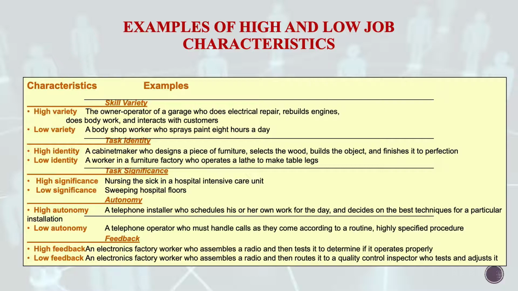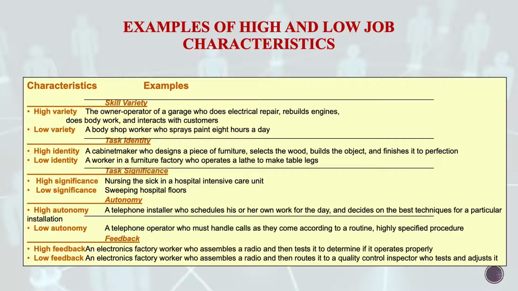In terms of task significance, for example, high significance works are nursing care, the patient care services provided by the nursing unit or maybe ICU, intensive care unit. In terms of low significance, sweeping the hospital floors. So sweepers used to clean the hospital floors, so their task significance is very low.